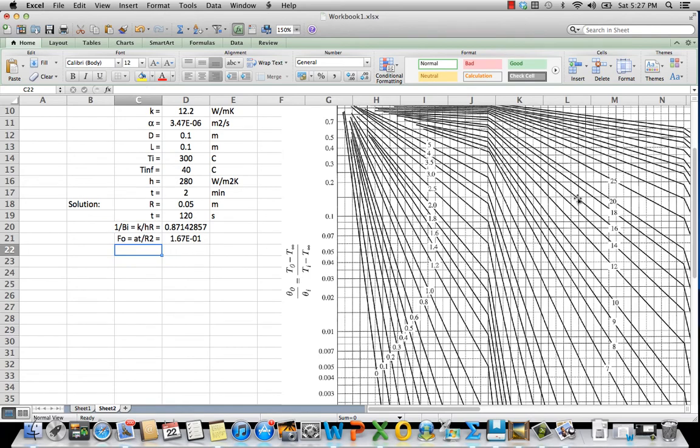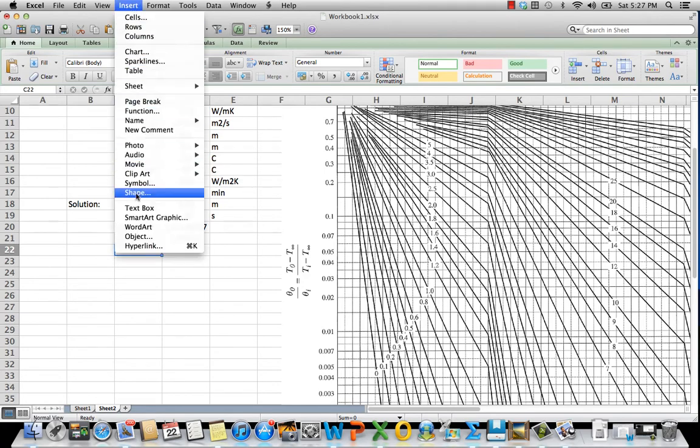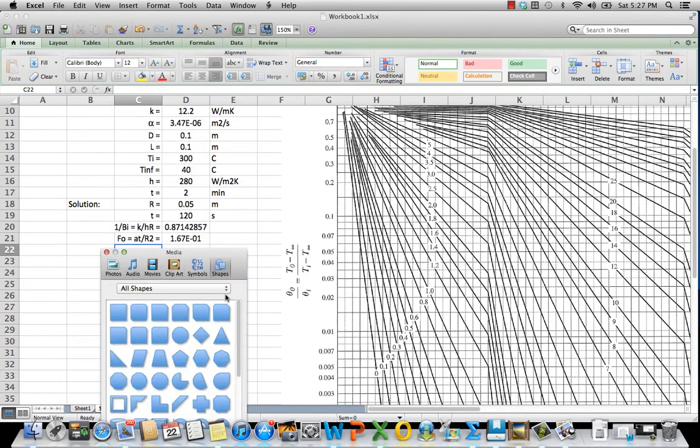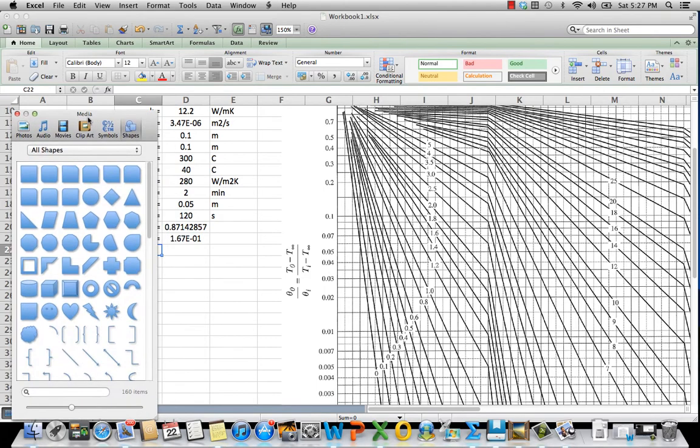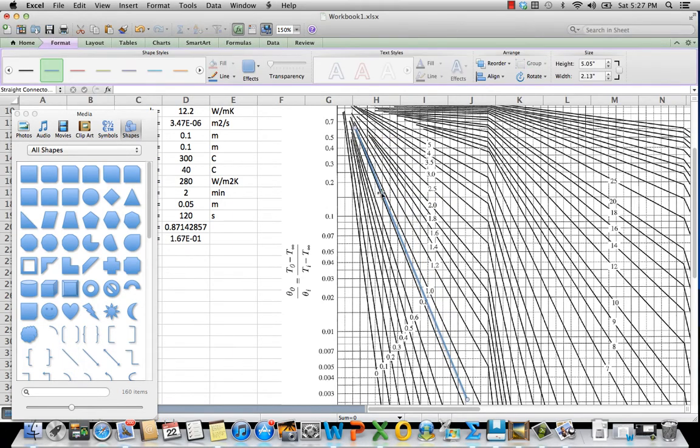So if I come over to my graph then, I have 1 over Bi is 0.87, so I've got 0.8 and 1, and let me draw a line on there for that. So 0.8 to 1, that's about 2/3 of the way through, well, 1/3 from 0.8. Somewhere in there.